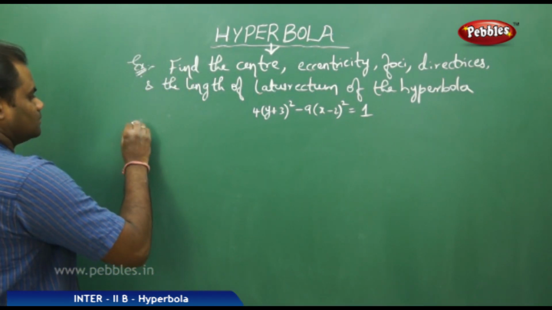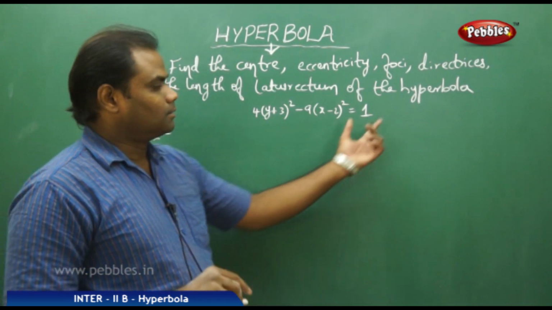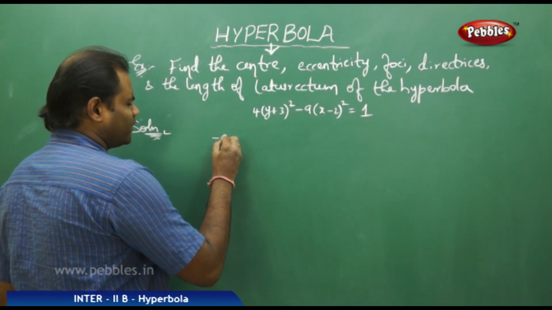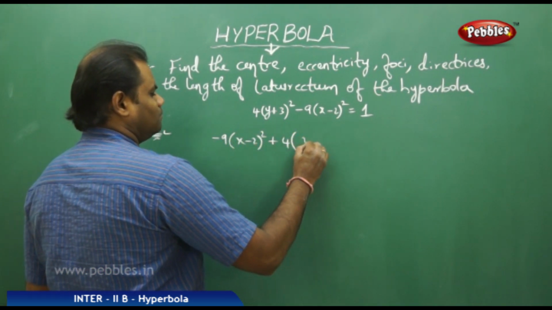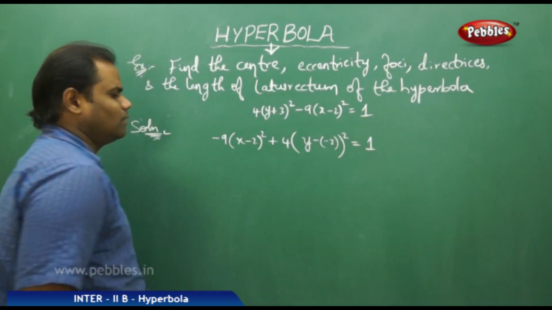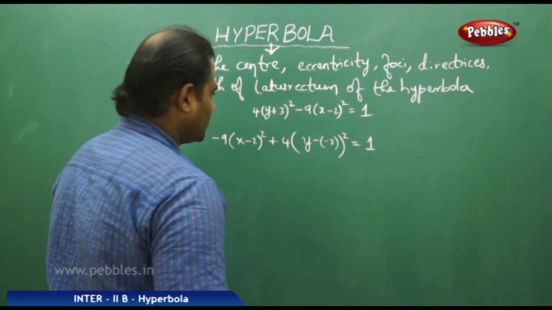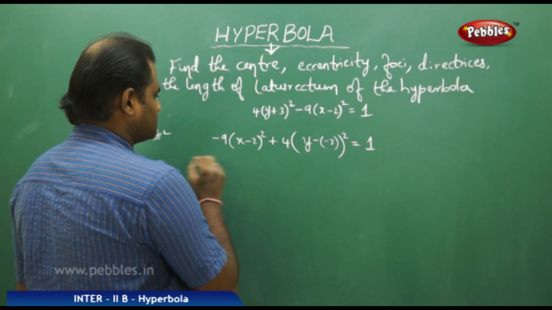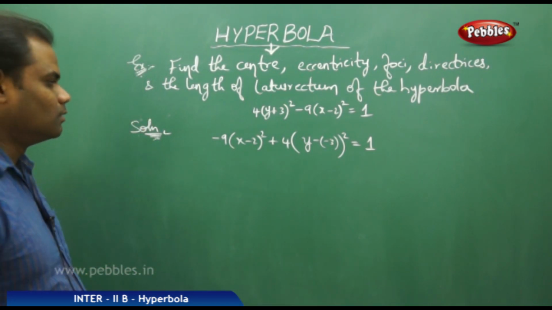Now let's see how we can find the center, eccentricity, foci and other properties for this. As I have the equation here, let me arrange it in the form equal to 1. Now I want to divide the whole equation so that I get it in the form of x squared by a squared minus y squared by b squared equals 1.